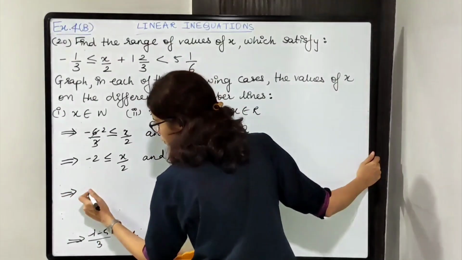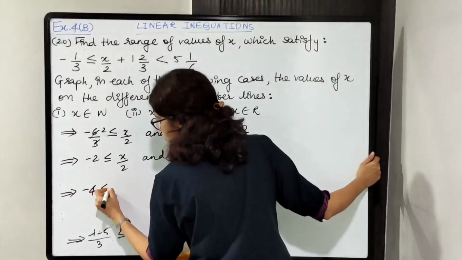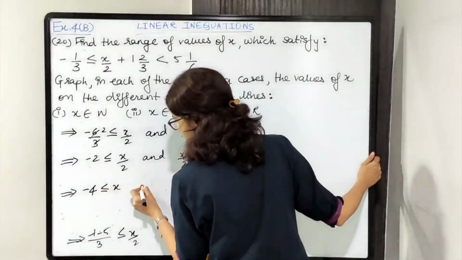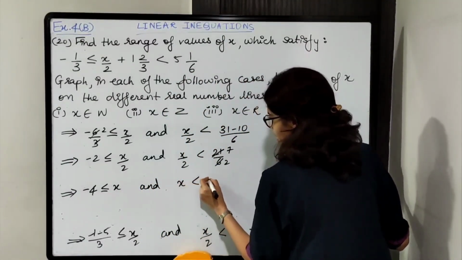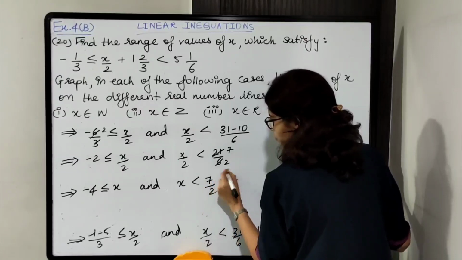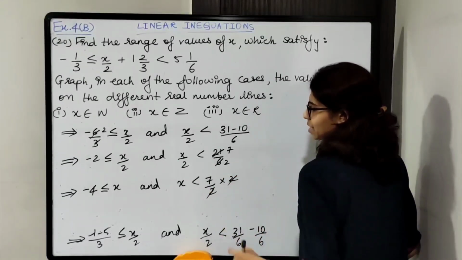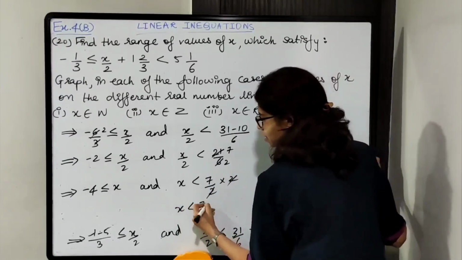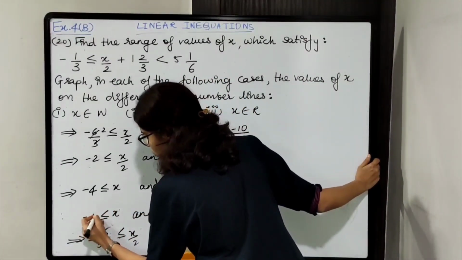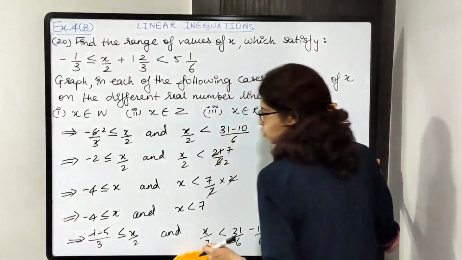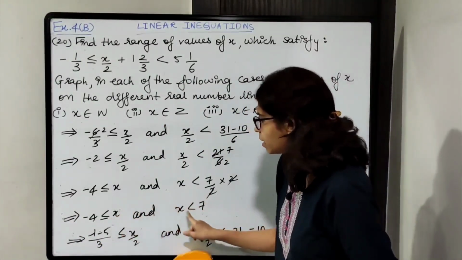So shifting 2 over here, minus 2 into 2 gives minus 4 less than or equal to x and x is less than 7 by 2 into 2. We are shifting 2 over here, so 2 gets cancelled, so x is less than 7 and over here x is greater than or equal to minus 4. So we got the range of x.